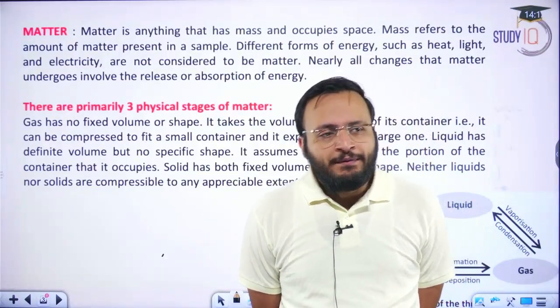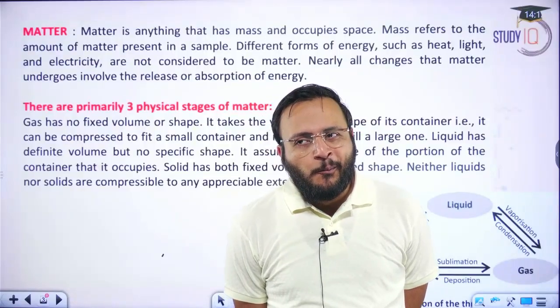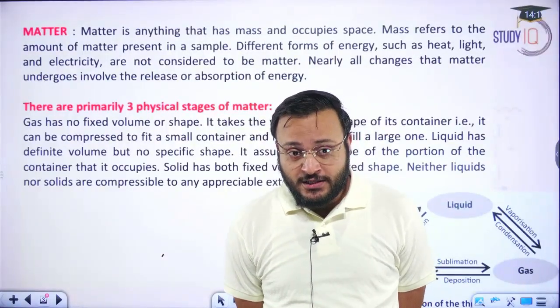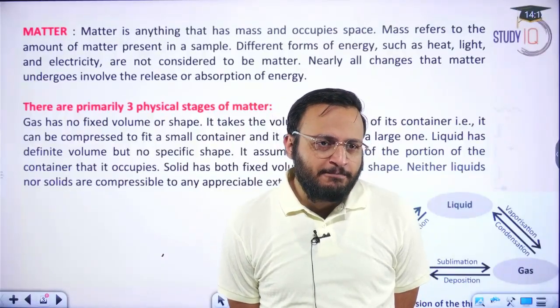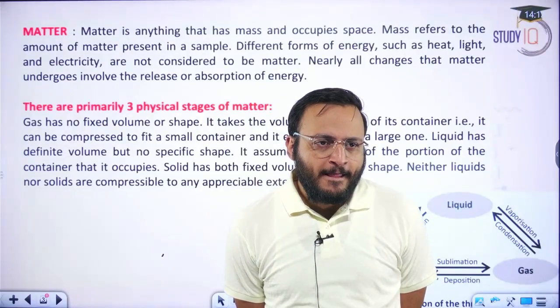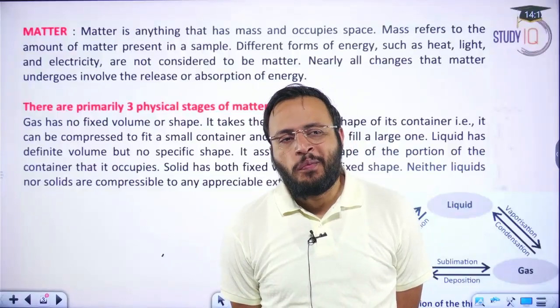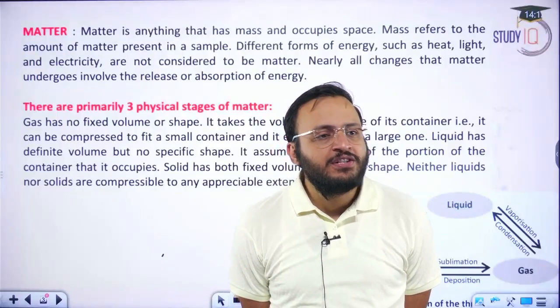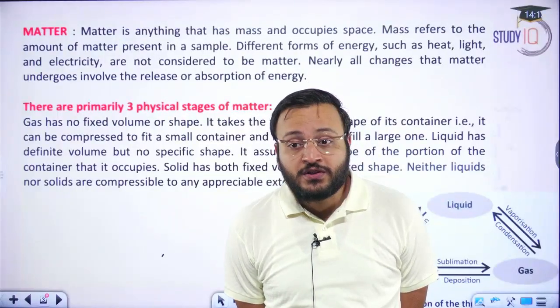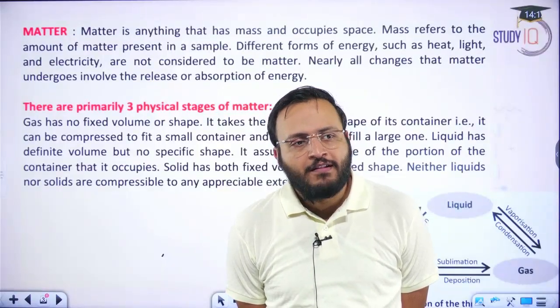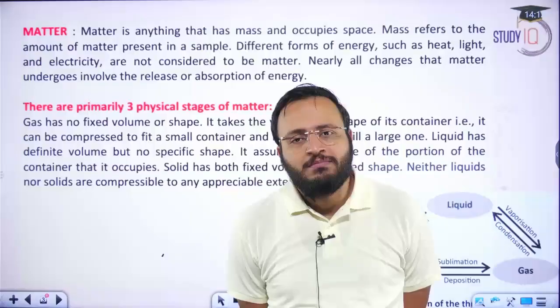However, when we talk about matter, the natural phenomena or the physical properties, like what? Certain physical properties like heat, light, luminescence, electricity, sun rays, or any kind of electromagnetic waves, they are not matter.